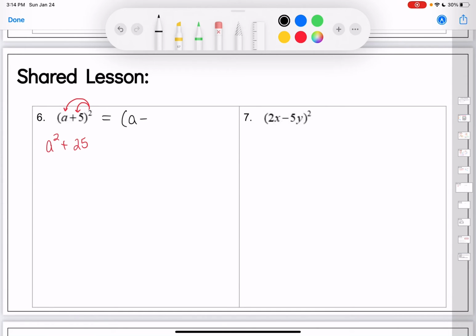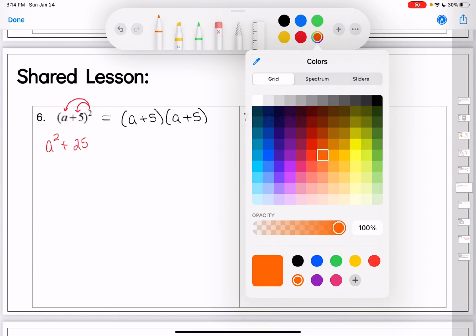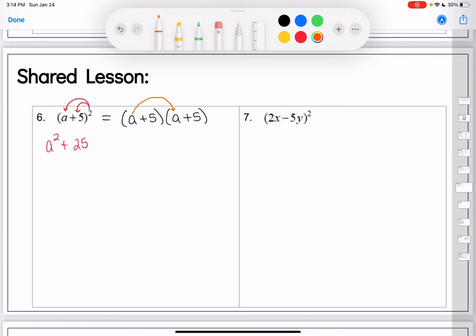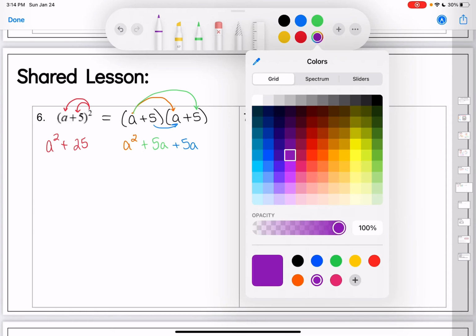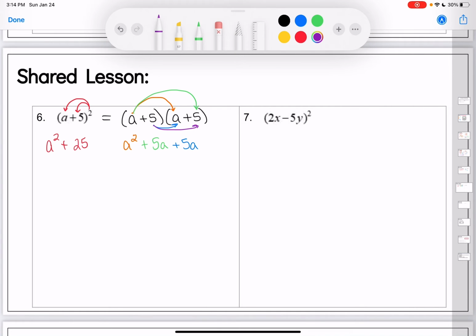It really means a plus 5 times a plus 5, right? It means whatever is squared is that thing times itself. Now let's see what happens when I FOIL this. A times a gives me a squared. A times 5 gives me 5a. 5 times a gives me 5a. 5 times 5 gives me 25.